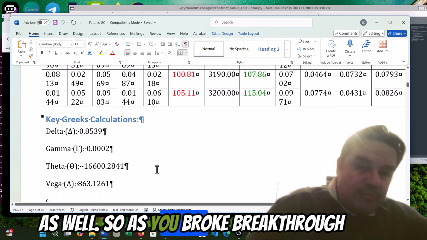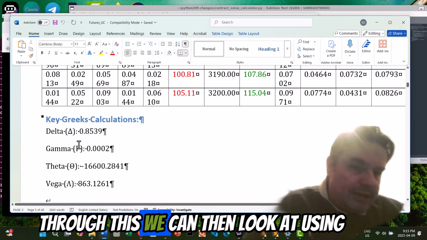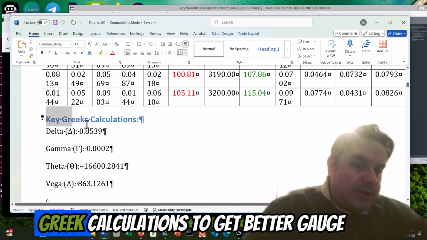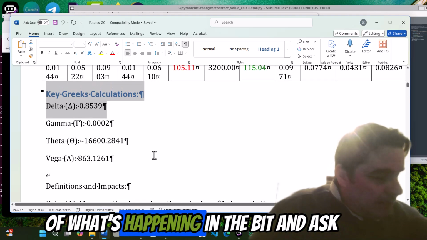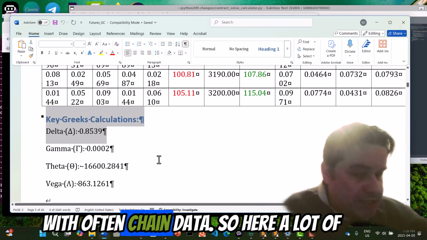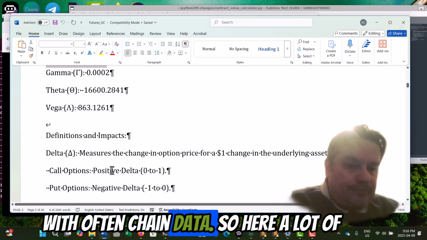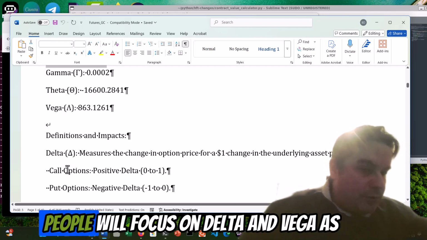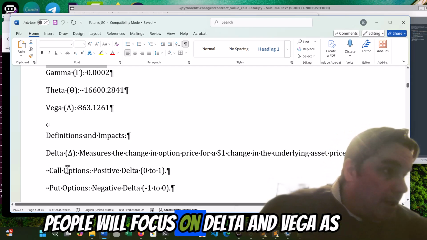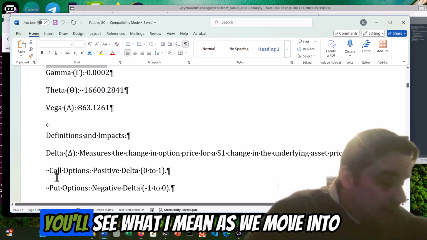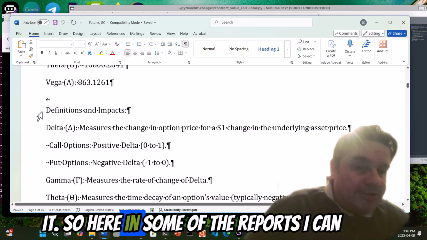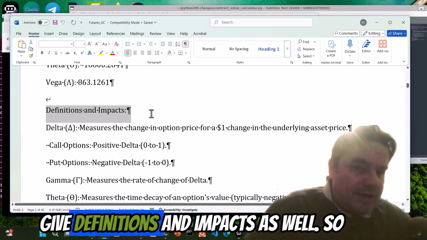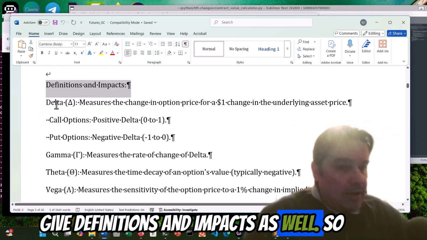and you'll see the results of it as well. So as you break through this, we can then look at using Greek calculations to get better gauge of what's happening in the bid and ask or the option chain data. So here, a lot of people will focus on delta and vega, as you'll see what I mean as we move into it. So here, in some of the reports, I can give definitions and impacts as well.